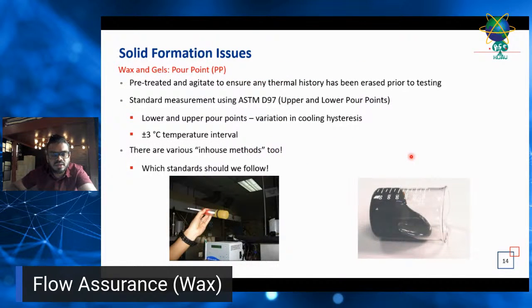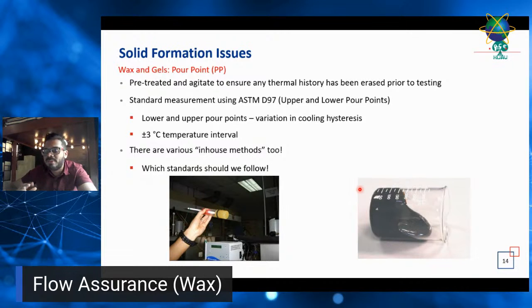Another measurement we need is your pour point, okay? Because we do not want to operate below the pour point or near the pour point region, because if you operate your flow line at pour point, then you will have a gel formation across your flow line. But this is done on dead crude, not on live crude.